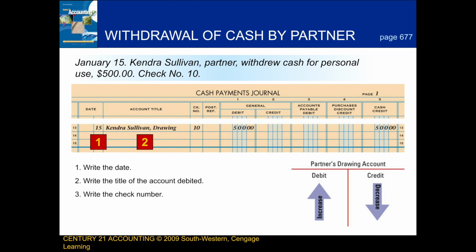After that, we write the check number, which is 10, in the check number column. Following that, we write the debit amount, which is $500, in the general debit column. And finally, we write that same amount again as a credit to cash in the cash credit column.